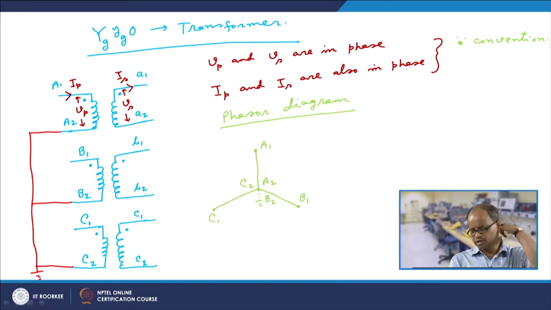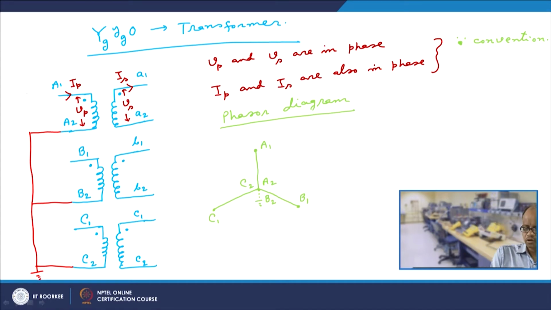From this diagram we can see that we have put these three windings in the appropriate fashion, and we are simply connecting these terminals A2, B2 and C2 together, and then shorting this connection to ground. We have simply shorted A2, B2 and C2 together, and then connected that short connection to ground.